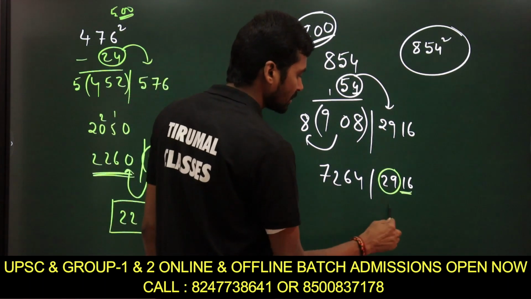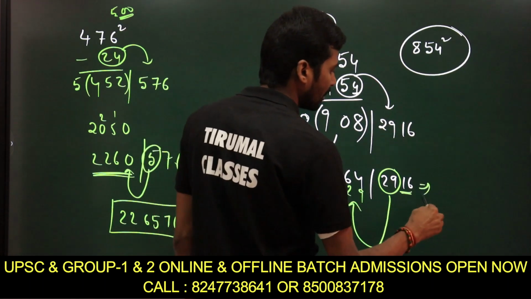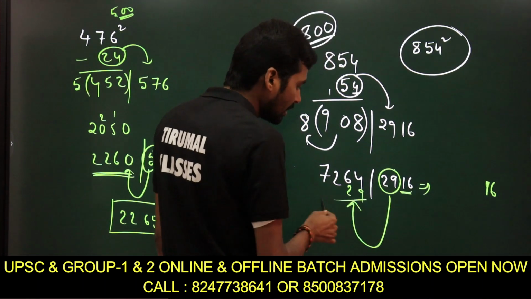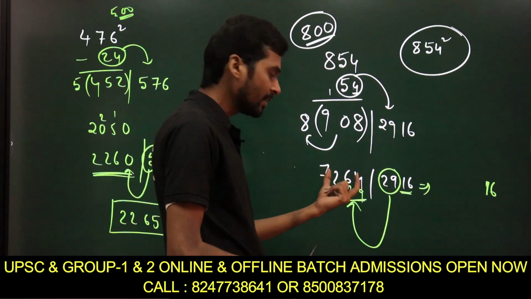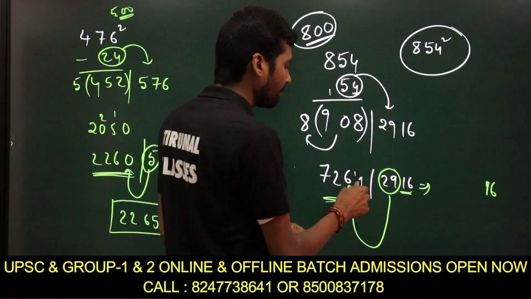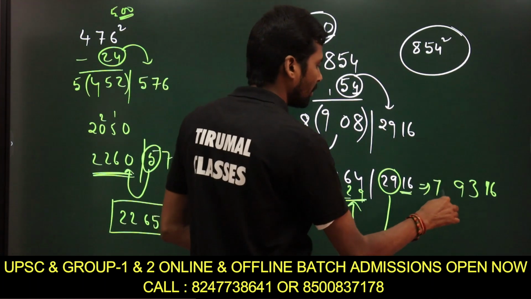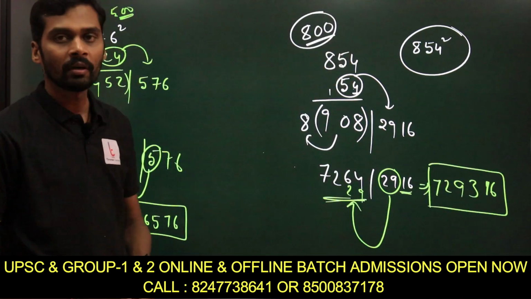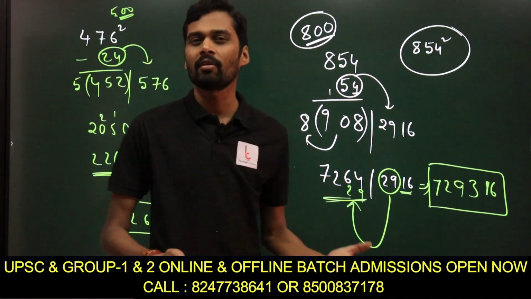The extra digit must be carried forward to the previous digit. So the last 2 digits are 16. And this 29 must be added to 7264. 9 plus 4 is 13. 6 plus 2 plus 1 is 9. The remaining number is 72. So what is the number? 729316.